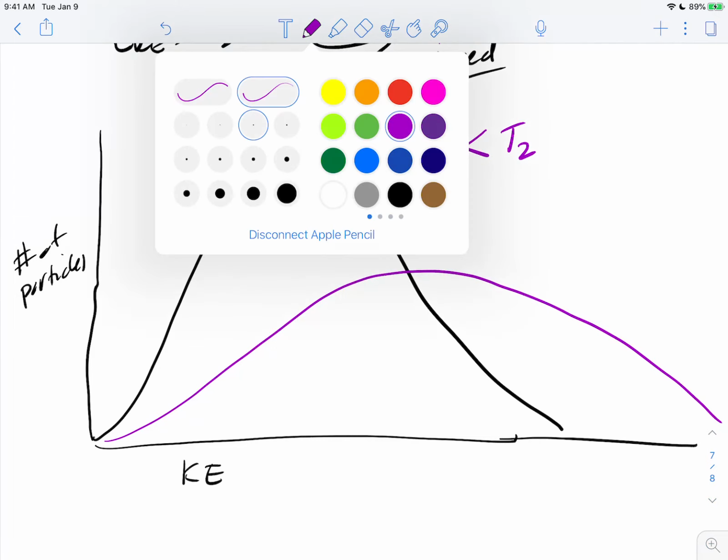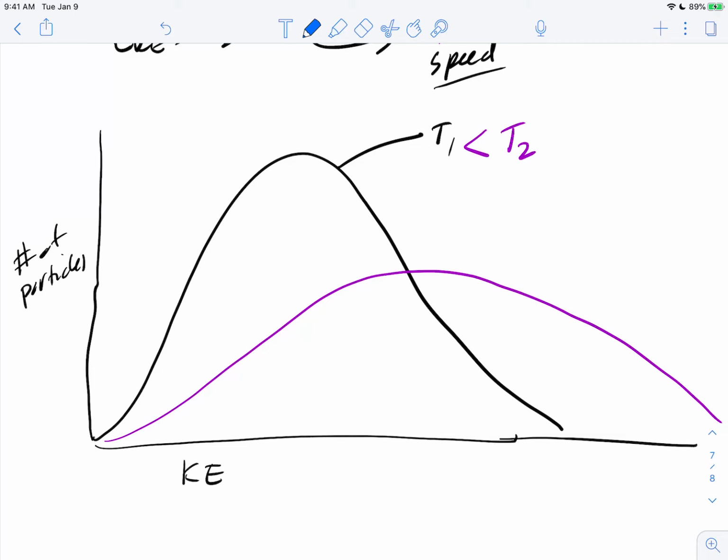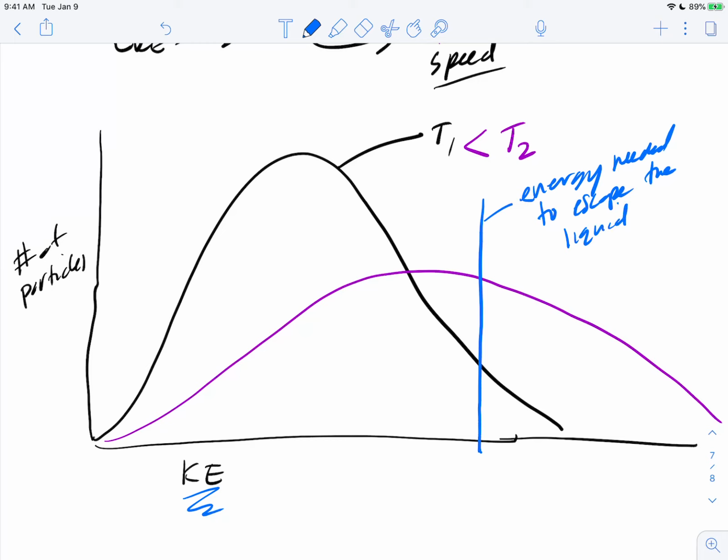The second component, and this is really what makes this graph very useful, is that the intermolecular forces act as an energy barrier that the particles in the liquid have to overcome. So I'm going to draw that here. Remember that this is energy, kinetic energy. So this barrier right here is the energy, in this case kinetic energy, needed to escape the liquid surface, and that is proportional.